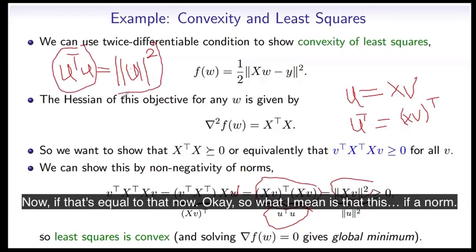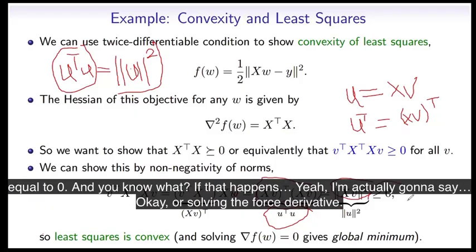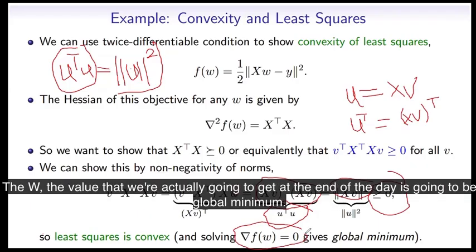So the square of a norm is convex, and the square of that is guaranteed to be greater or equal to zero. And if that happens, then solving the first derivative for W, the value that we're actually going to get at the end of the day is going to be the global minimum.